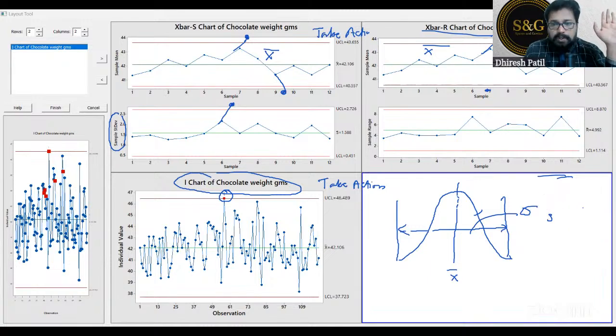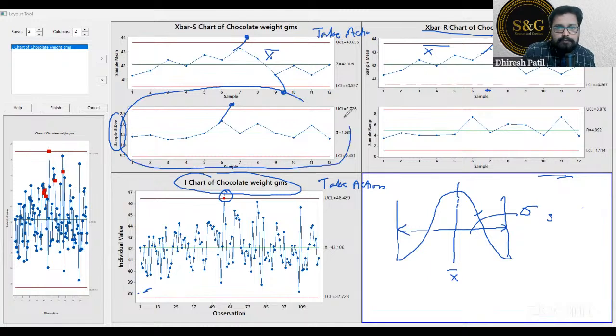If it goes up, the variation goes up. It will go up here in this graph. Focus here. So this data will go up, right? Now, if the standard deviation reduces, the graph will come down.